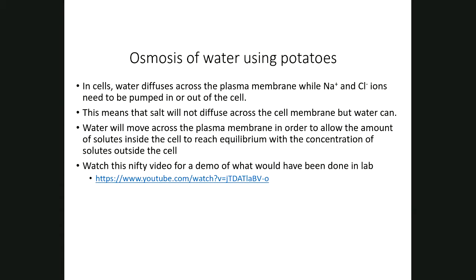You just fill a test tube with tap water, place a strip of potato in that one, and then fill the other test tube with salt water and place the second strip in that one.